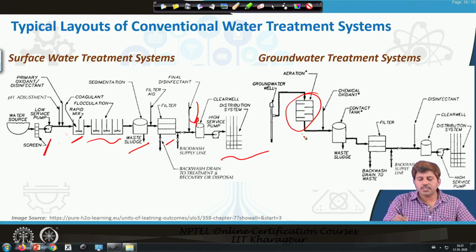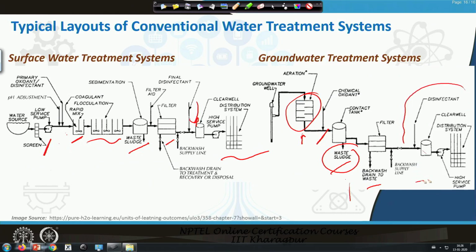But for groundwater sources aeration is generally recommended, or again at times even we avoid aeration in the groundwater treatment system as well, and then we may add some chemical oxidant, then a contact tank like the flocculation chamber, and then a settling system, so that it is settled and then filtered, and the rest of the process remains the same, like we add disinfectant and then supply water.